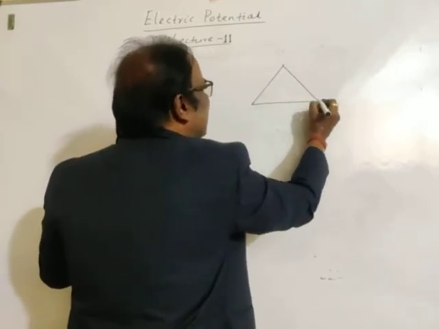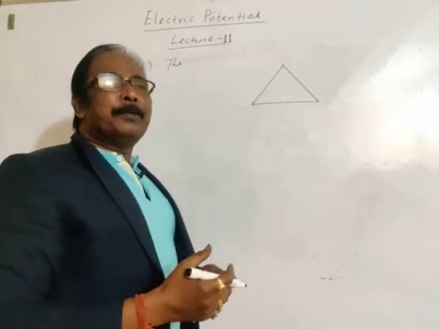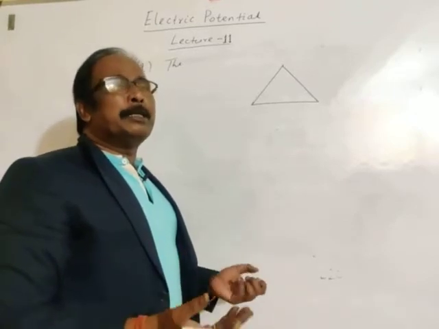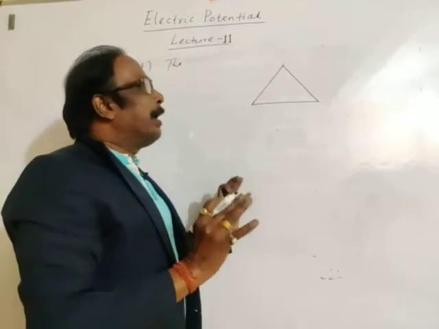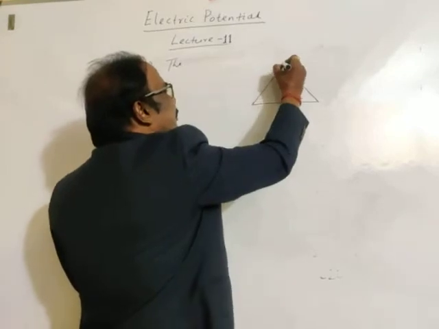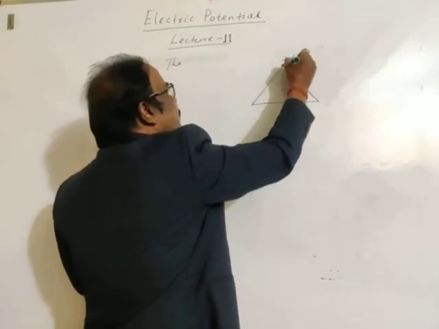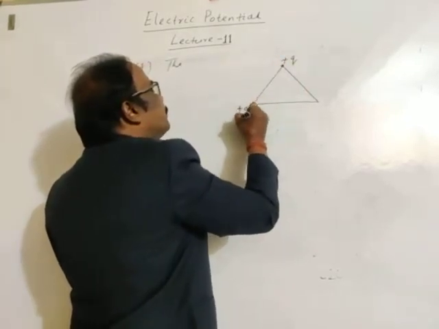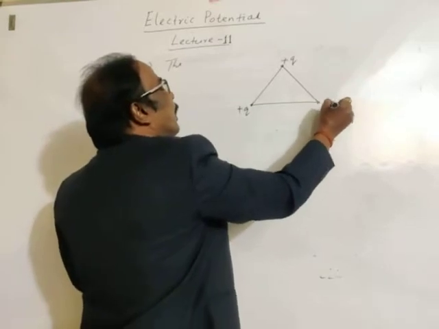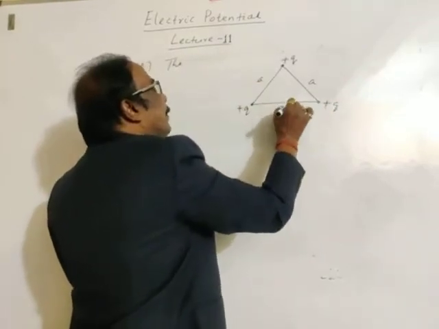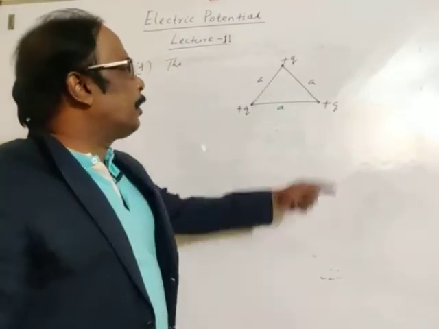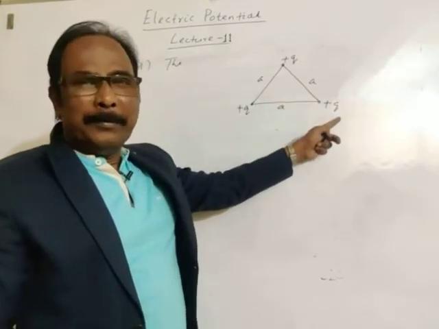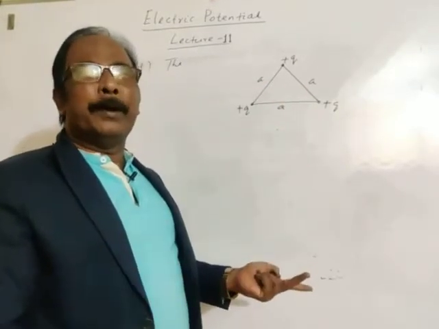You may take similar or dissimilar charges, whatever you think. I am showing you just the form of the numerical. Let this be plus Q, this be plus Q, this be plus Q, and the sides are A. You may take one of the charges as minus, or Q1, Q2, Q3, plus or minus, whatever you may take.